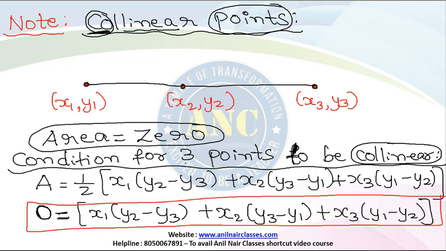If area is 0, the left hand side value becomes 0, the half also cross multiplies with left hand side 0 and eventually becomes 0, and right hand side we keep as it is. x1 into (y2 minus y3) plus x2 into (y3 minus y1) plus x3 into (y1 minus y2) should be equal to area 0. That is the condition for 3 points to be collinear.